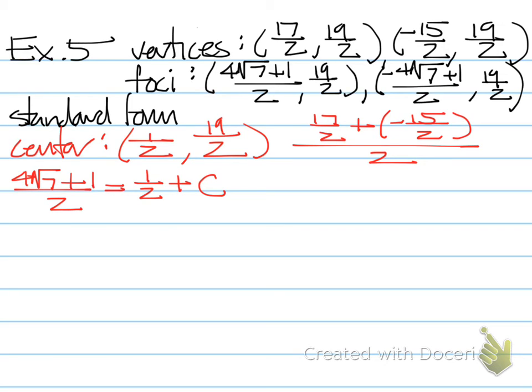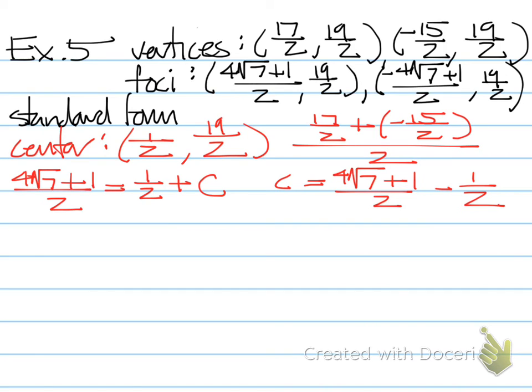And then I can calculate C. C I will calculate by setting 4 root 7 plus 1 over 2, which is the x coordinate of one of the foci, equal to the center plus C. So whenever you add C to the x coordinate of the center, you get the x coordinate of the foci.